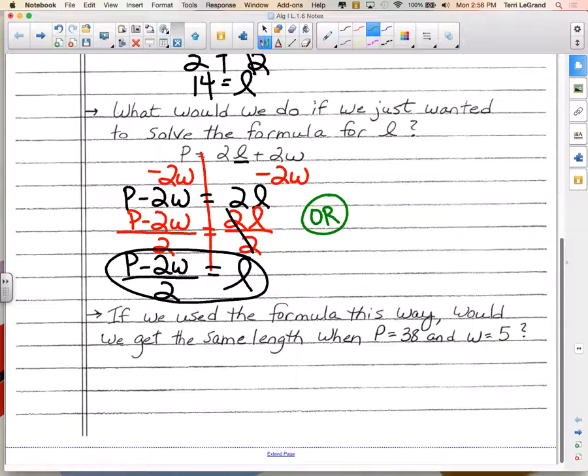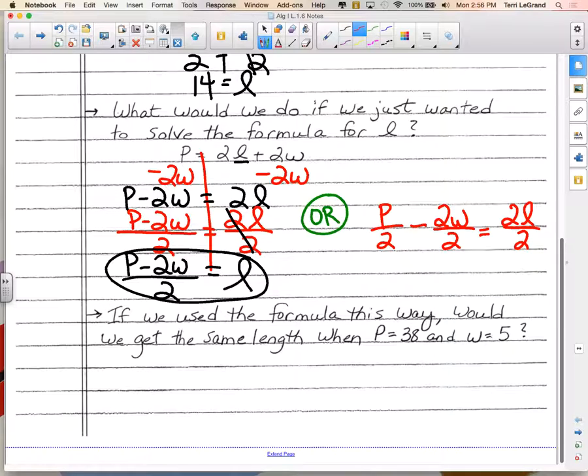Whenever you multiply or divide, you have to do it to every piece of the equation. So we're going to say, well, what if instead I want to divide each piece by 2? So the P that it starts with gets divided by 2, our subtraction sign. The 2W gets divided by 2, and the 2L gets divided by 2. This is another legitimate way to do it.